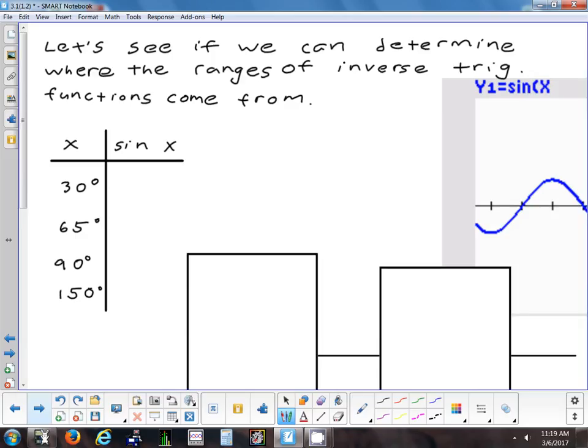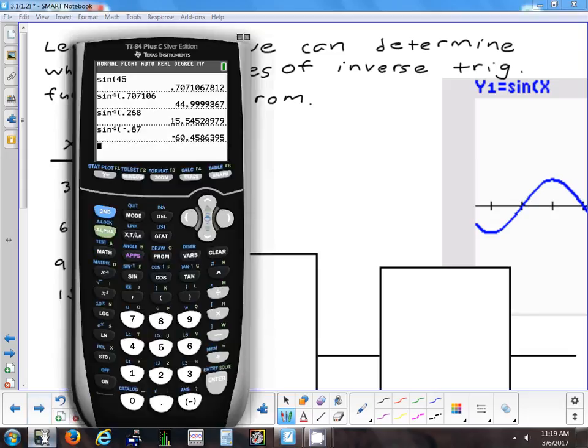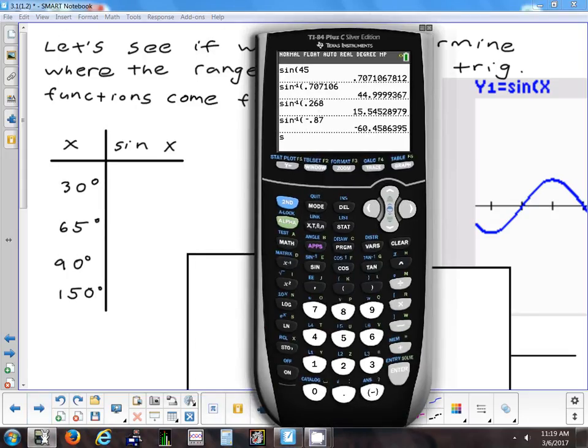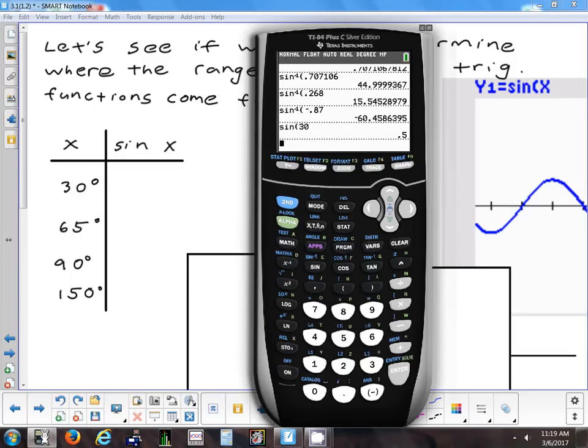All right, let's fill out some of the values in this table and see what we get. In the column on the left, I've listed some angles. And on the right, it's the sine of what I have on the left. So let's start with 30. Sine of 30 is 0.5, or 1/2.